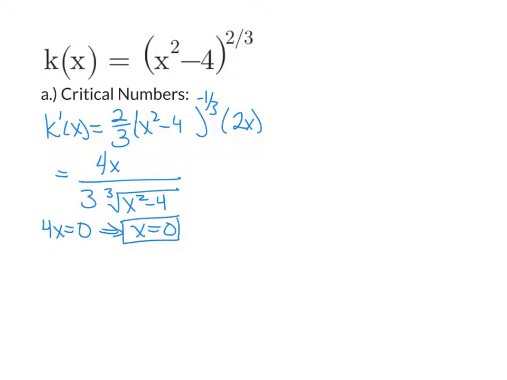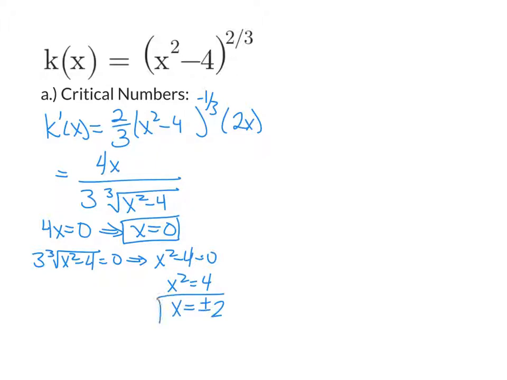The derivative will be undefined when the denominator is equal to 0. And that will only happen when this x squared minus 4 is equal to 0. So we do a little solving real quick, and that'll happen when x is positive or negative 2.